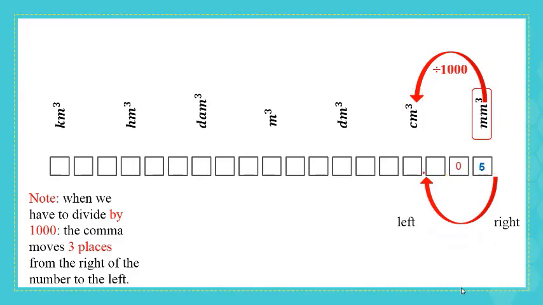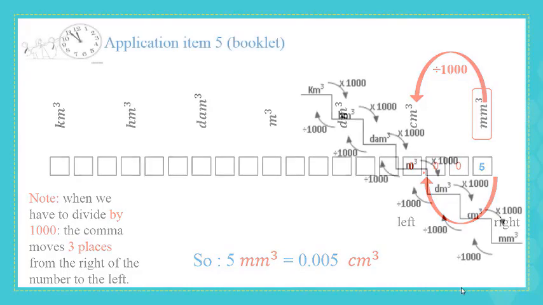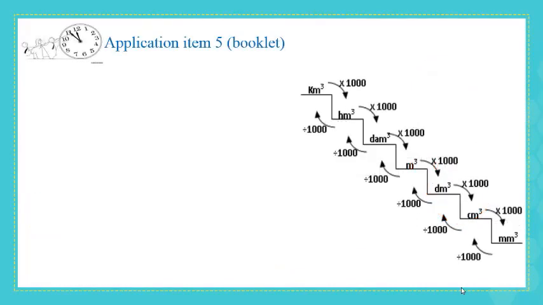We put 0 in the blank box. So 5 millimeter cube equal 0.005 centimeter cube.